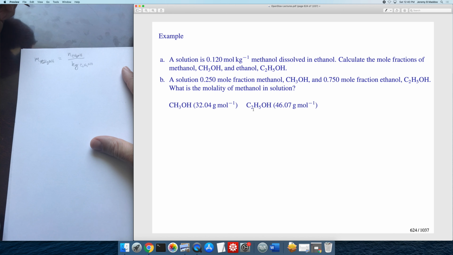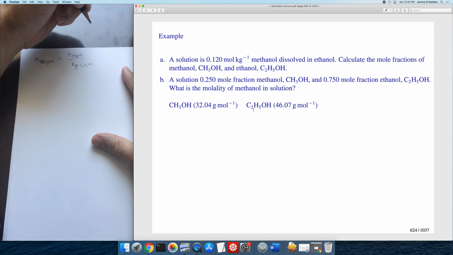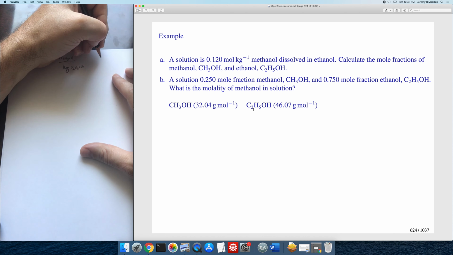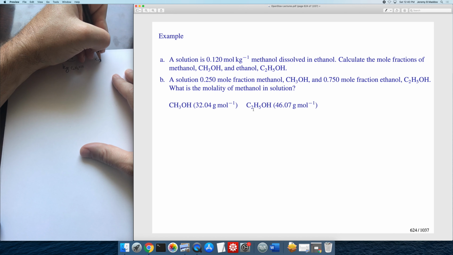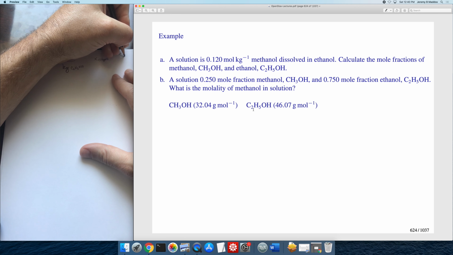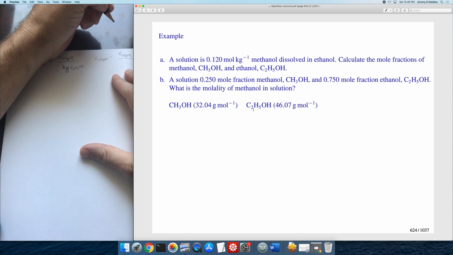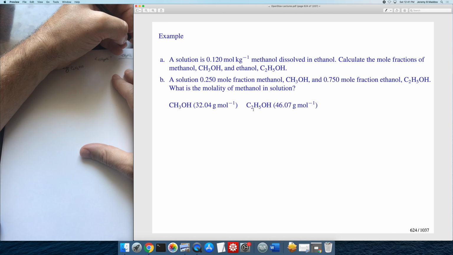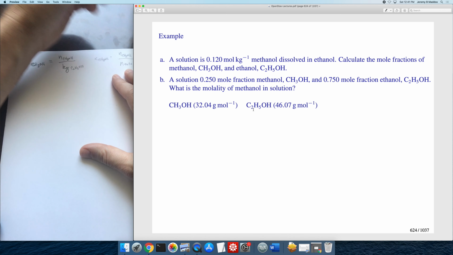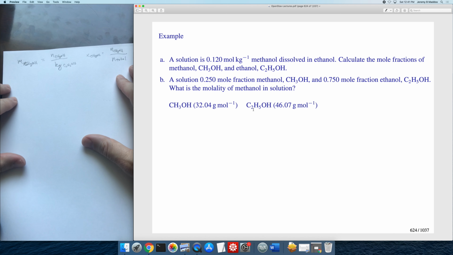And what we want is the mole fraction of the methanol. I'm going to try to write this right next to it. So we need the number of moles of methanol, and then you would divide that by the total moles, just to save space so it fits on the screen here.